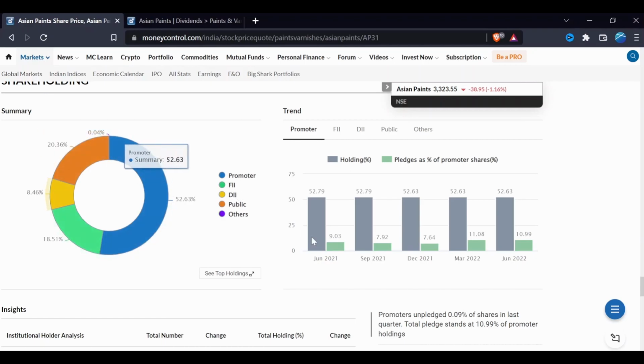The promoters of this company have also pledged their shares, but they are very few, only 9.3% and 10%. For us, the limit is 25%. If the pledged shares are more than 25%, then we will not invest in the company. But Asian Paints also is a good stock for the long term.